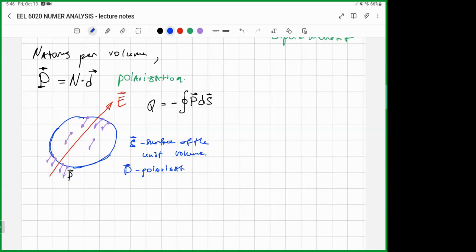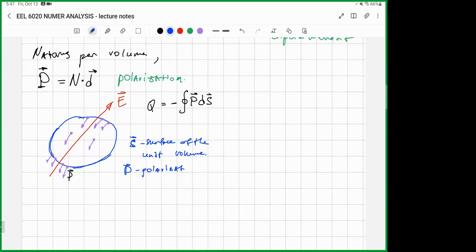I require that my polarization P is defined in a way that if I integrate it over some surface, and so I calculate the flux of the polarization vector through this surface, this flux is exactly equal to the charge that goes out.